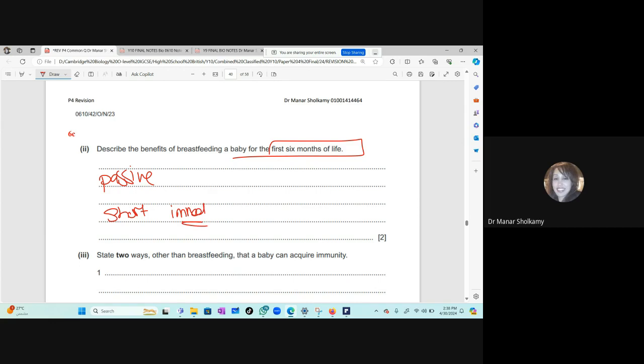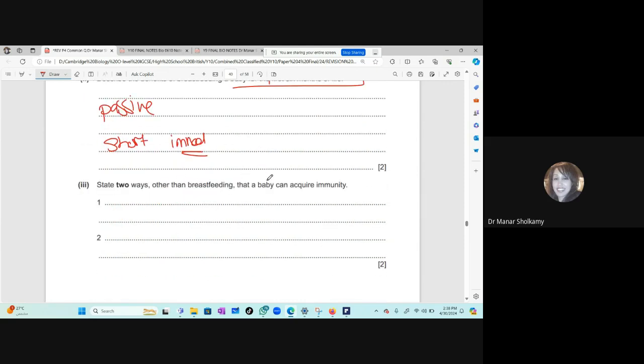Now, in case they ask you to suggest other advantages of breastfeeding: nutrients, it makes a bond between the baby and the mother, it is cheap, it is bacteria free, and it does not cause any allergic reactions.